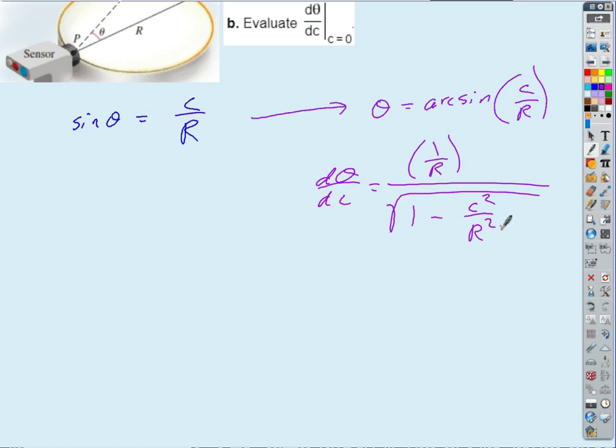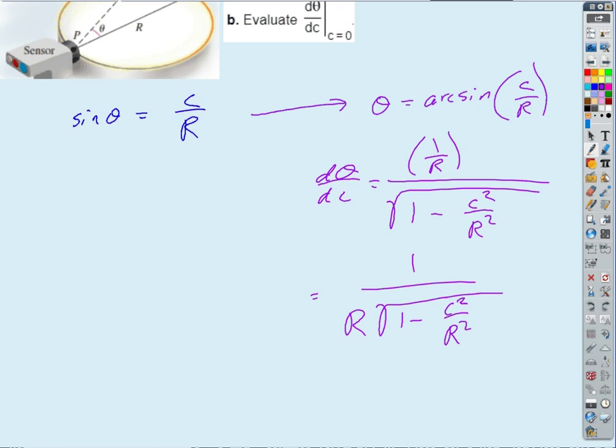Instead of dividing 1 over r by this square root, what if we just multiplied? What if we take that 1 over r out front and write this as a product instead? So that's equal to 1 over r times the square root of 1 minus c squared over r squared. And then what's the last thing we could do with that?